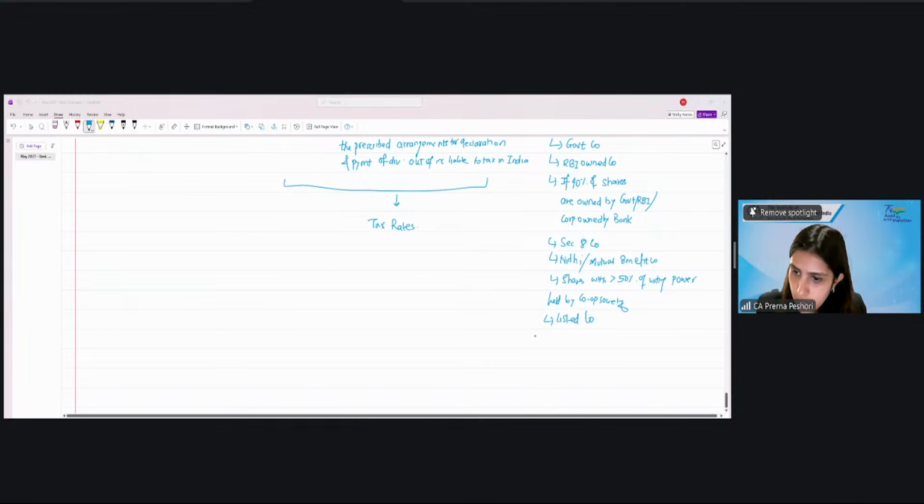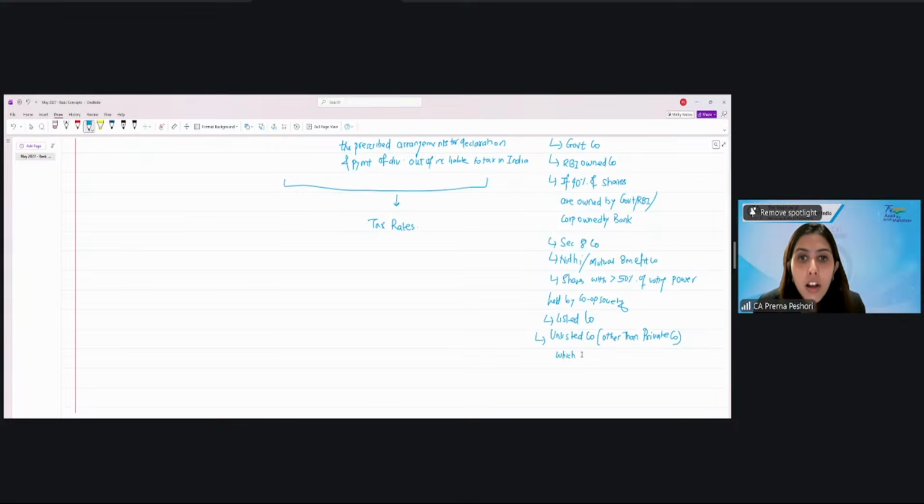lastly, an unlisted company other than private company, of whose shares with voting power is held by either government or another listed company.